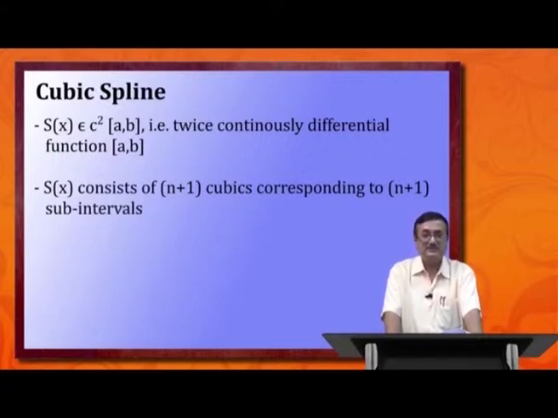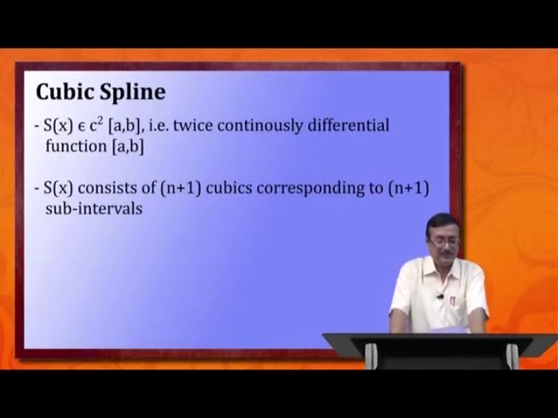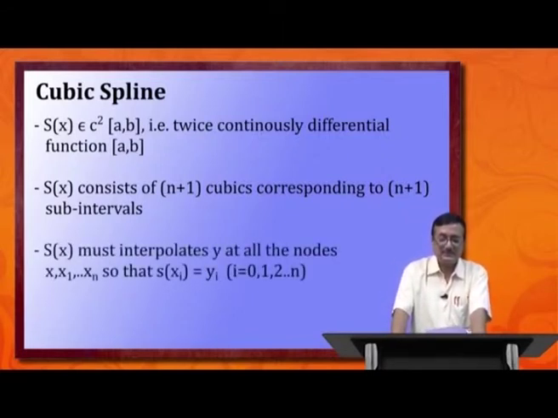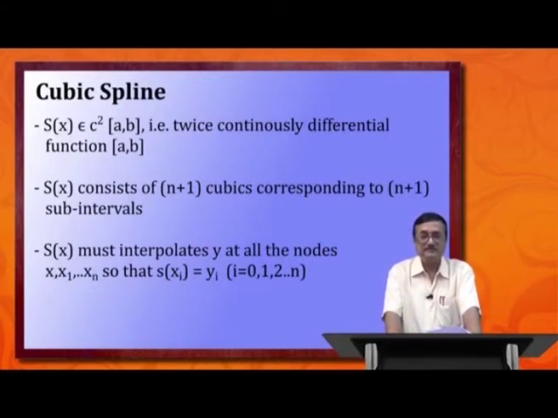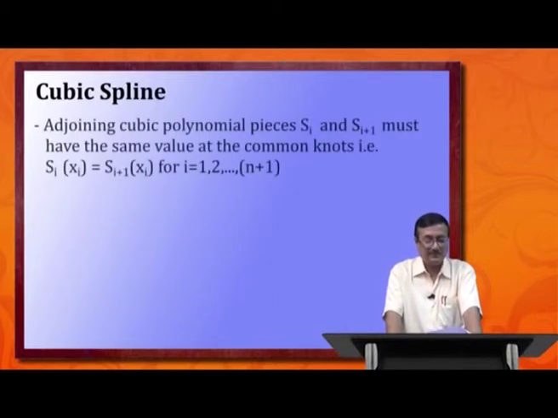This we may consider as the condition A. Also, S(x) must interpolate y at all the nodal points x0, x1 up to xn, so that S(x) at x = xi is equal to yi, i = 0 to n, a total number of n+1 conditions.